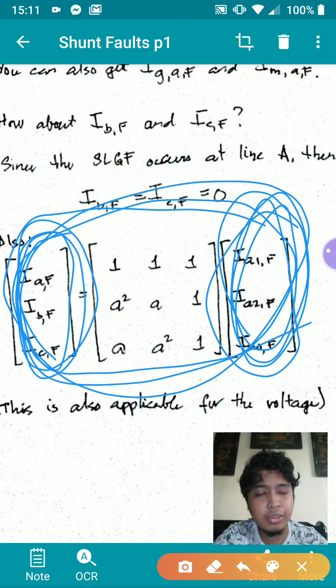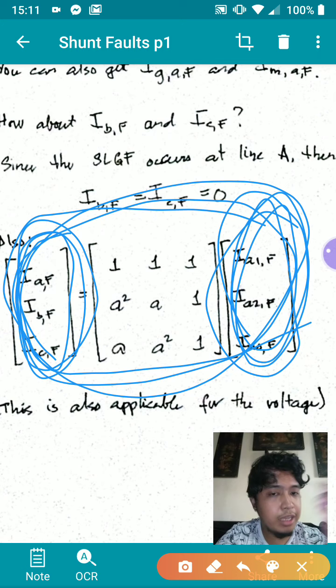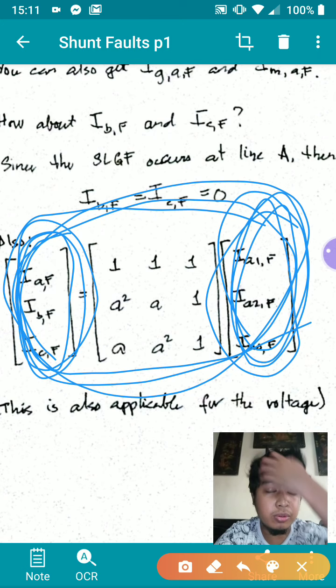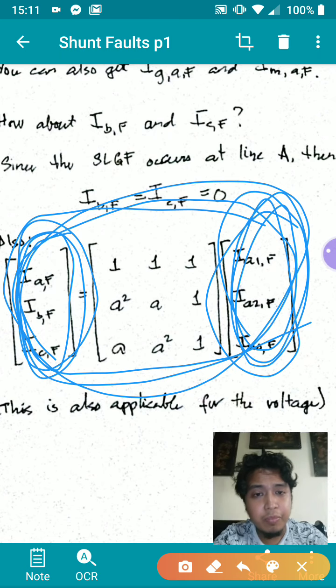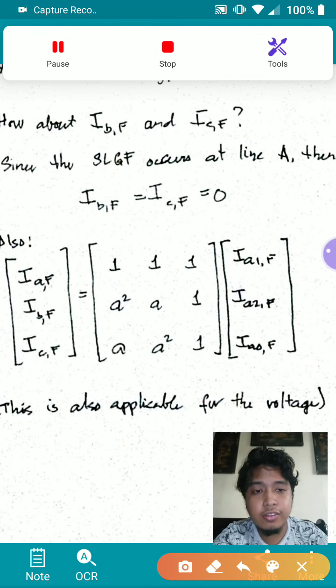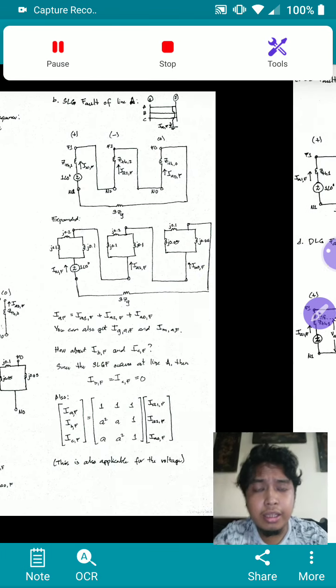So you actually have a value. You can use these values to get IB1, IC1, IB2, IC2, and IB0 and IC0. So yeah, that's basically it. That is what your A matrix is doing here.